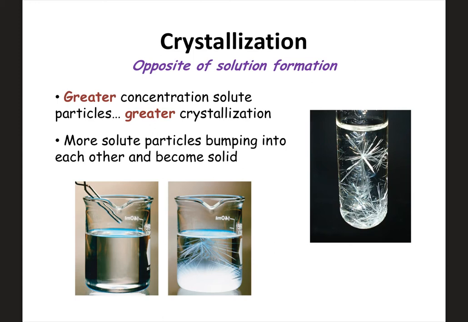That's why when you have a supersaturated solution, you can have a rapid precipitation, a rapid crystallization, because it's oversaturated. You just have so many of these solute particles bumping into each other and becoming the solid. So instead of going into the solution, they're leaving the solution and forming the solid, the precipitate.